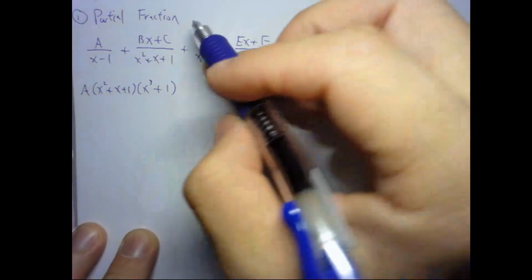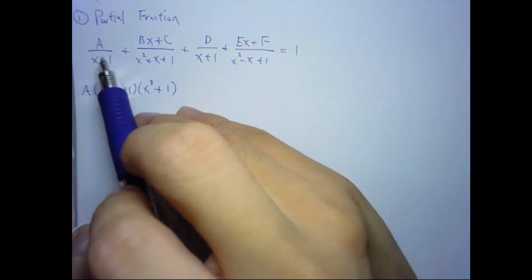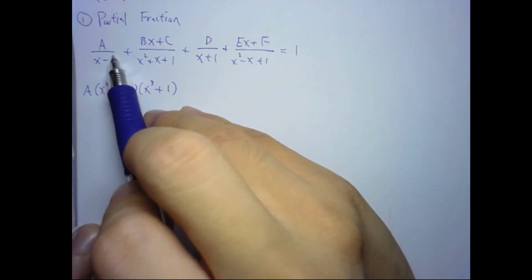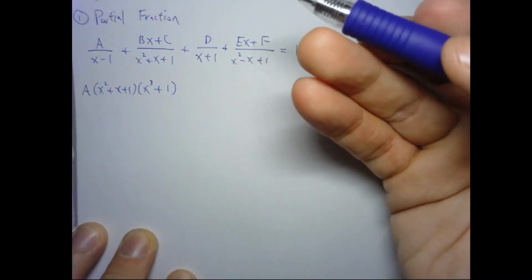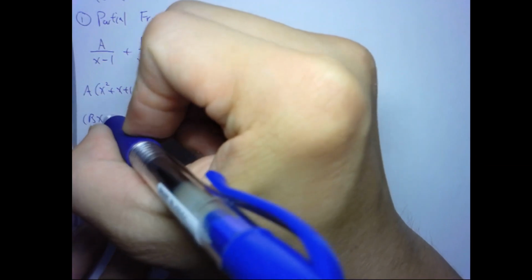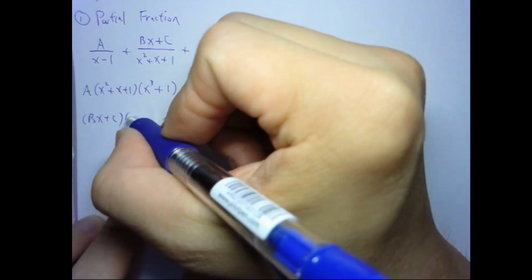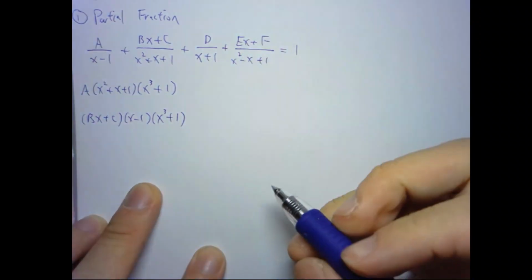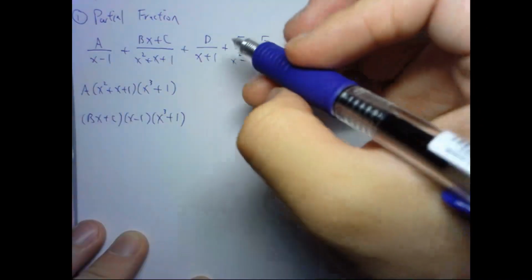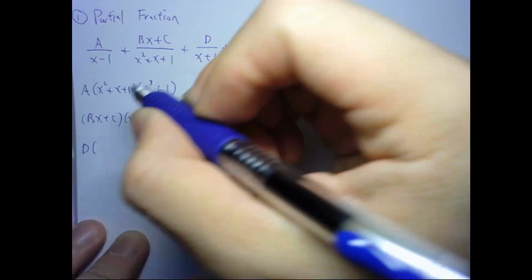So how about the second term? (bx plus c) needs to multiply (x minus 1), (x plus 1), and the last guy. So I will still combine them so it makes things simpler. The last one is x cubed plus 1, like this. And then the third one I will continue to write.